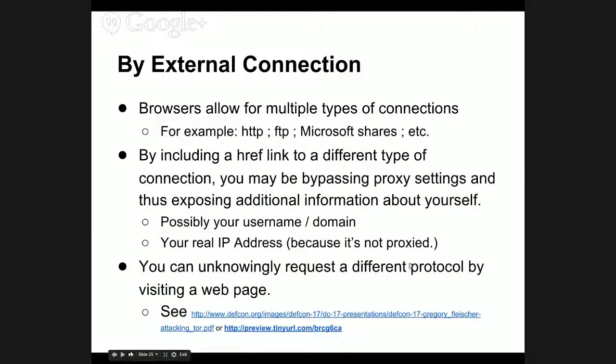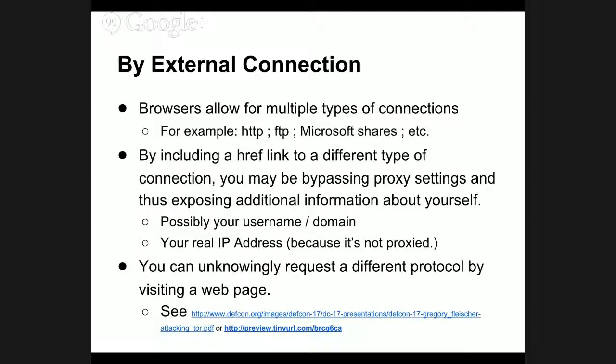The other thing that you can do is try to get browsers to open a connection using non-standard connections. If someone's using a SOCKS proxy, they may configure it incorrectly for different types of connections, and even though they think they're doing everything right, that might be a way to possibly identify someone.